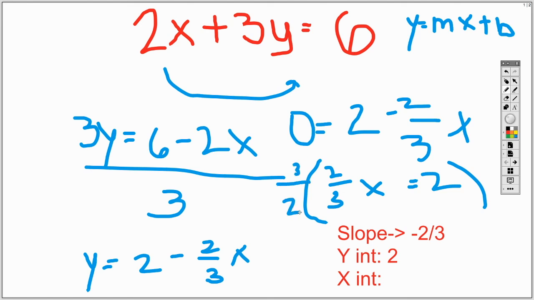So 3/2 times 2/3 x equals x, and then we multiply by 3/2 here, and x equals 3. Right? These cancel out. So our x-intercept is 3. That's how you can solve it, or what you could have done is sort of guessed and filled it in. You could have done that as well.